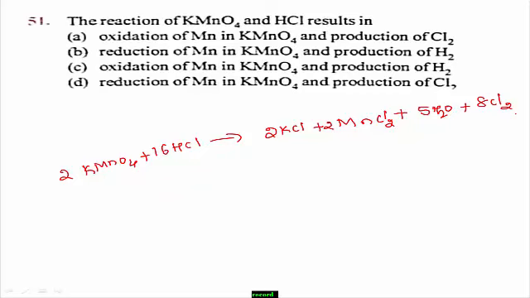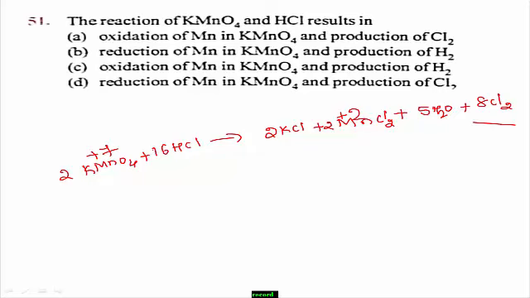Here the Mn oxidation state is reduced from plus 7 in KMnO4 to plus 2, and Cl2 is produced, right? Yes. Here the Mn oxidation state changes from plus 7 to plus 2 and Cl2 is produced on the product side.